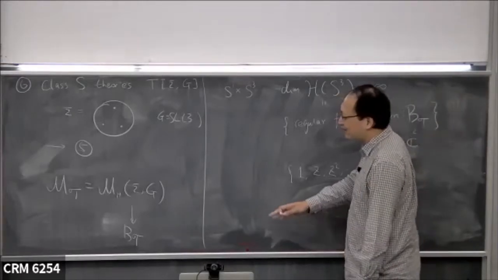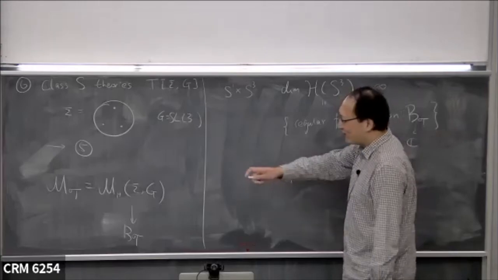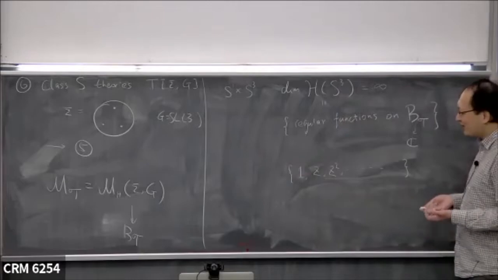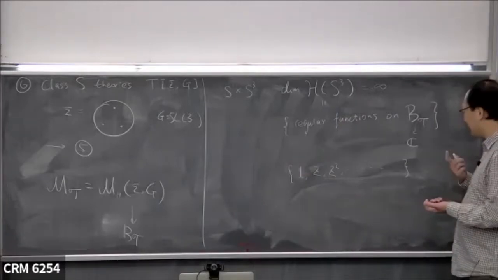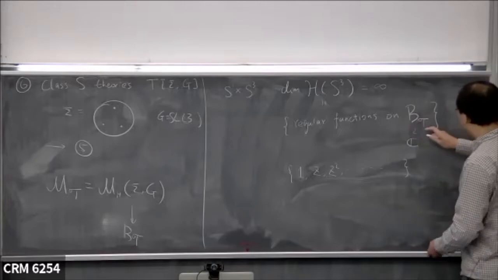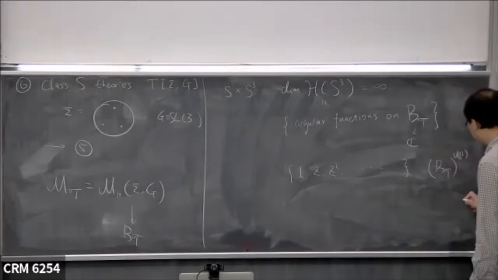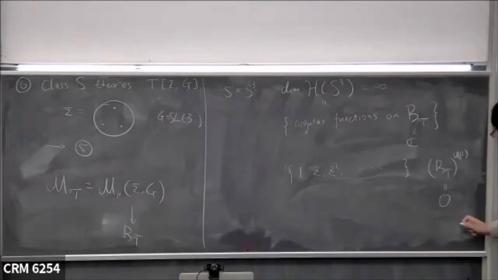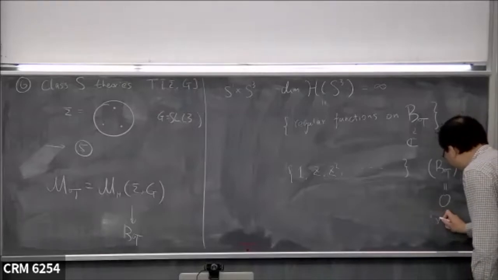So I mentioned that for a conformal theory, there is a U1 action. And the U1 should have the property that there are no fixed points when it acts on the base B. So the U1 fixed point should be just a special point O, sometimes referred to as the superconformal point.